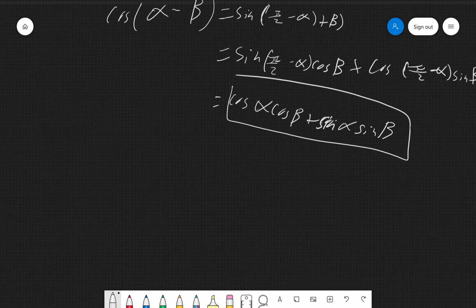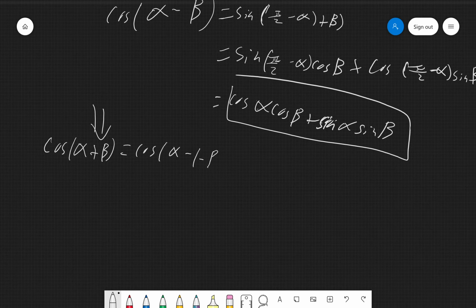We know that if we set beta equal to negative beta, we're gonna get the cosine of alpha plus beta, doing it the other way around, is equal to the cosine of alpha minus negative beta. So now we use this, and that's equal to the cosine of alpha times the cosine of negative beta, plus the sine of alpha times the sine of negative beta.